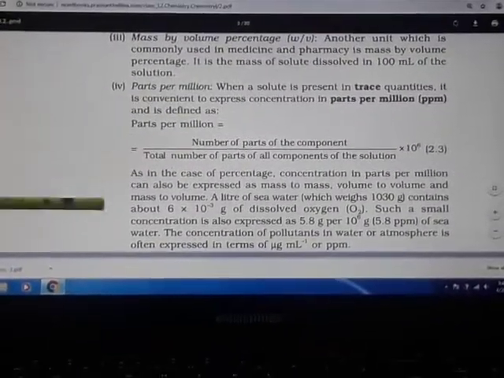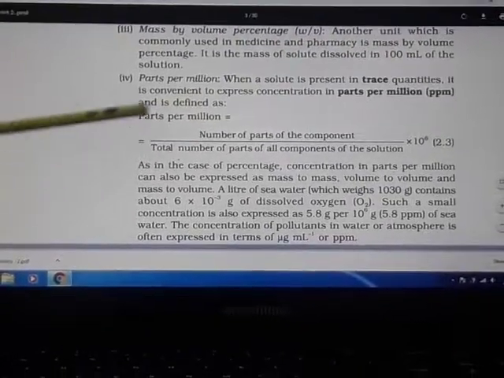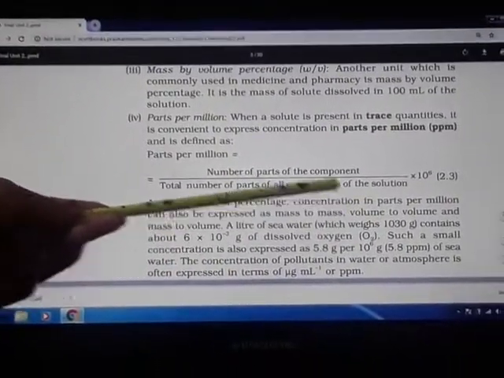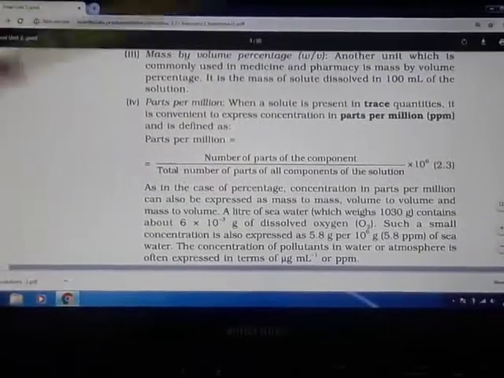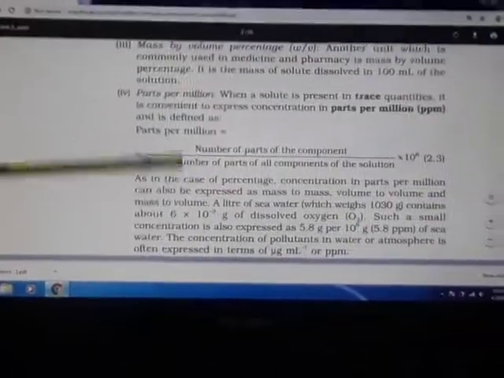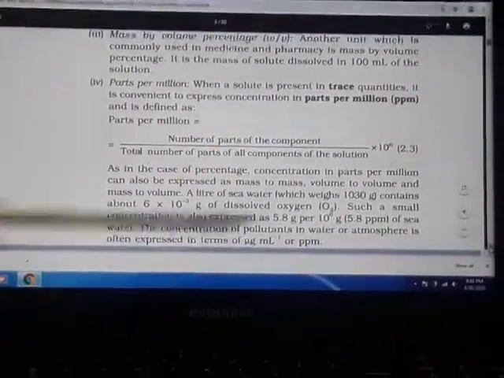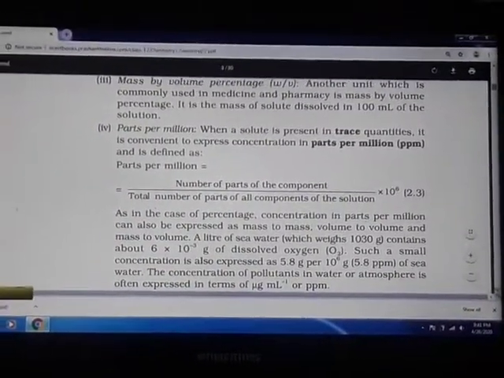So how to calculate it? ppm of any substance is equal to the number of parts of the component divided by the total number of parts of all the components of the solution. Keep in mind, children, here all the components, not only the solvent, not only the water, but all the components taken together, into 10 to the power 6.